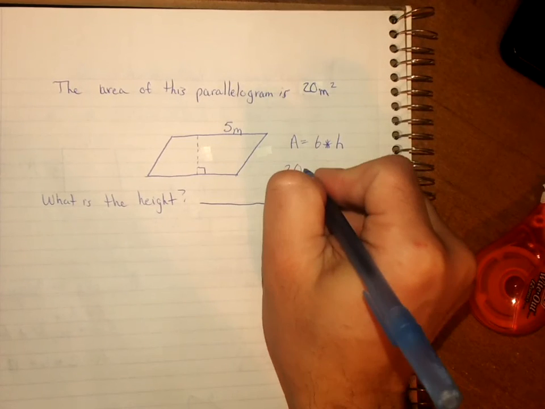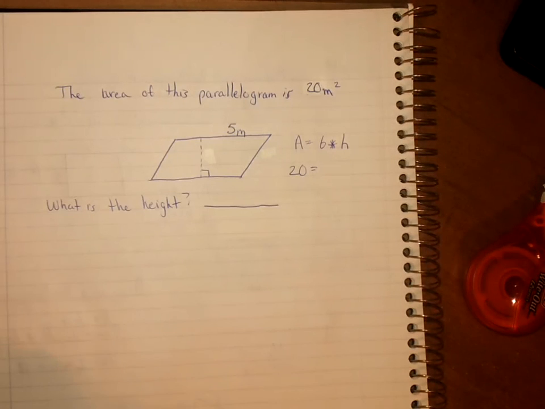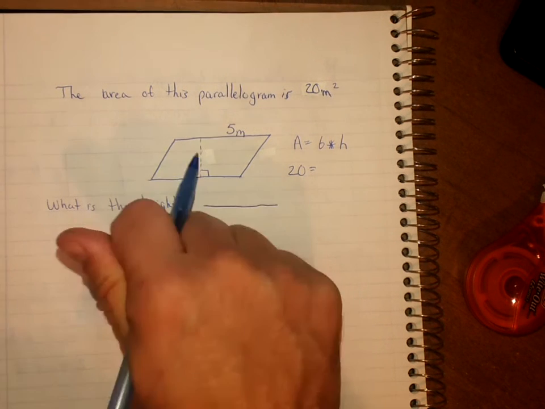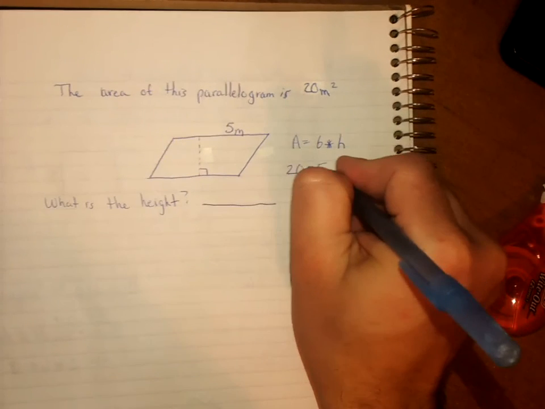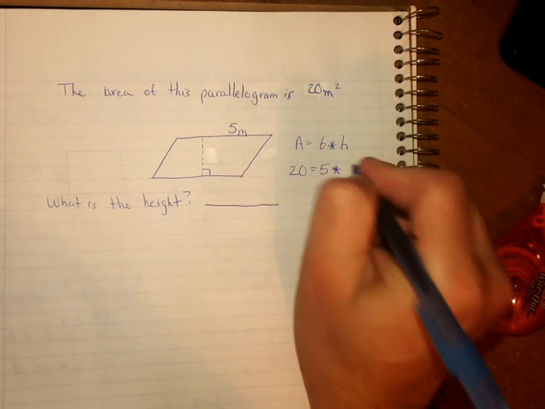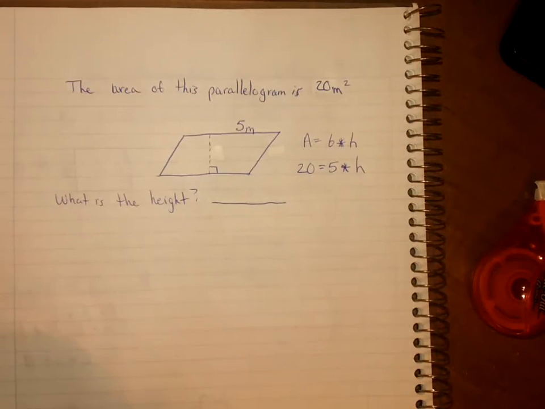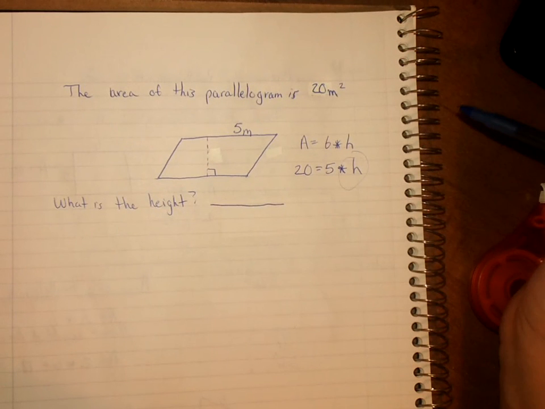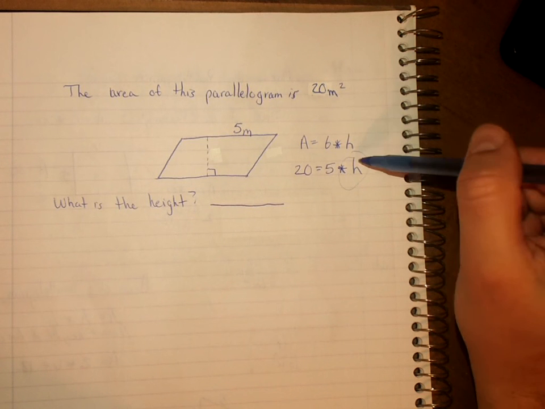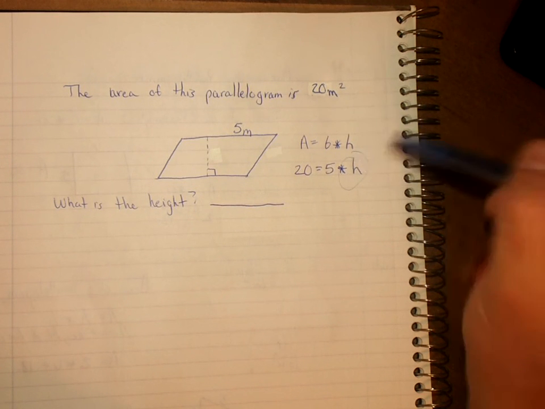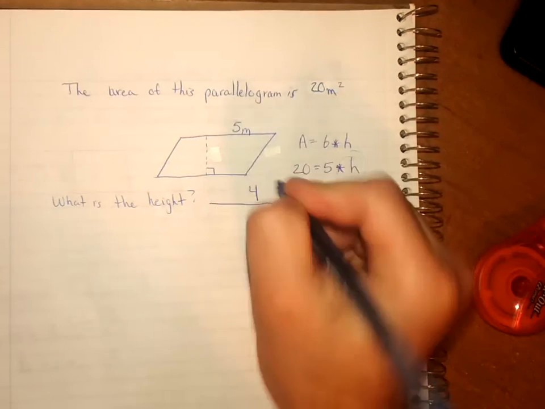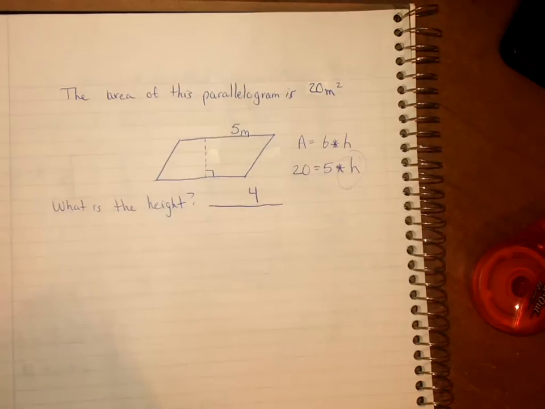Pause anytime you need to. The base is 5 multiplied times the height. Some of you are starting to see what the height is now. And the height is, of course, 4, because 4 times 5 equals 20.